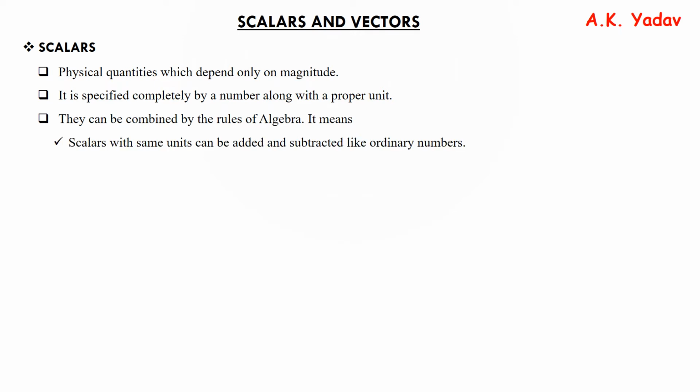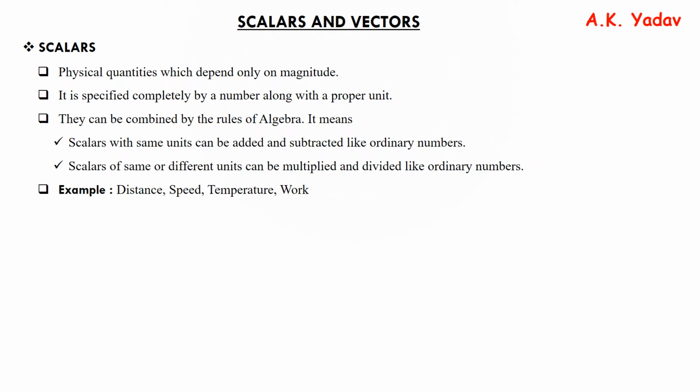It means that scalars with same units can be added and subtracted like ordinary numbers. Scalars of same or different units can be multiplied and divided like ordinary numbers. Examples for scalars are distance, speed, temperature, work.